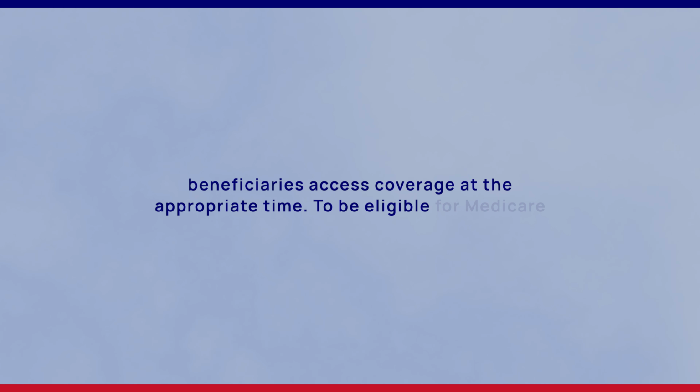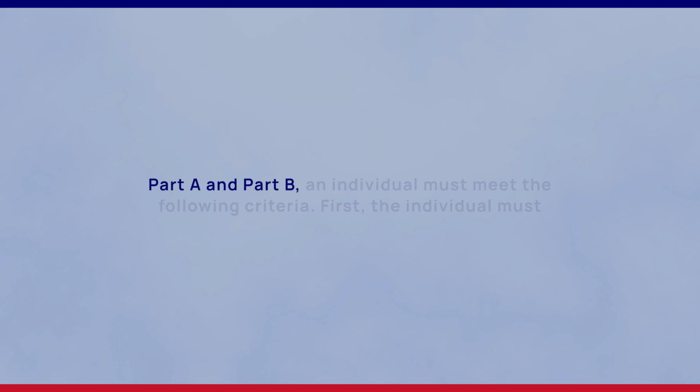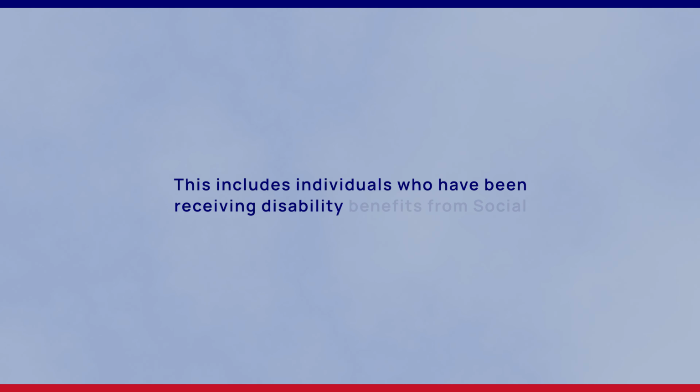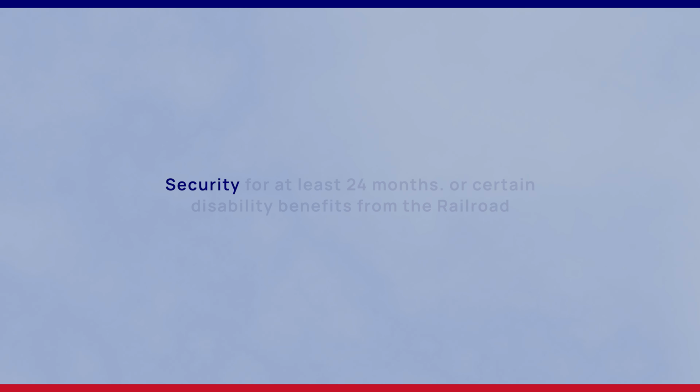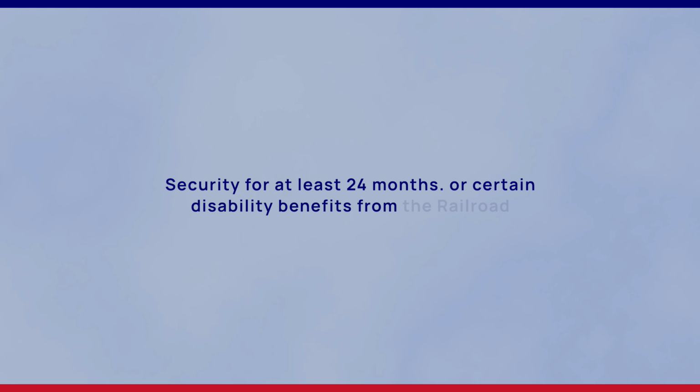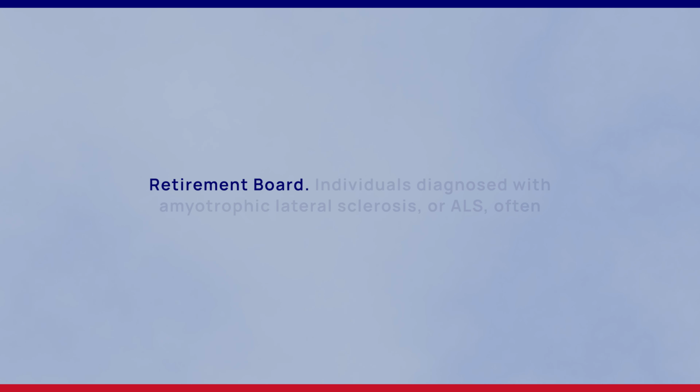To be eligible for Medicare Part A and Part B, an individual must meet the following criteria. First, the individual must be age 65 or older, or under age 65 with specific disabilities or health conditions. This includes individuals who have been receiving disability benefits from Social Security for at least 24 months, or certain disability benefits from the Railroad Retirement Board.